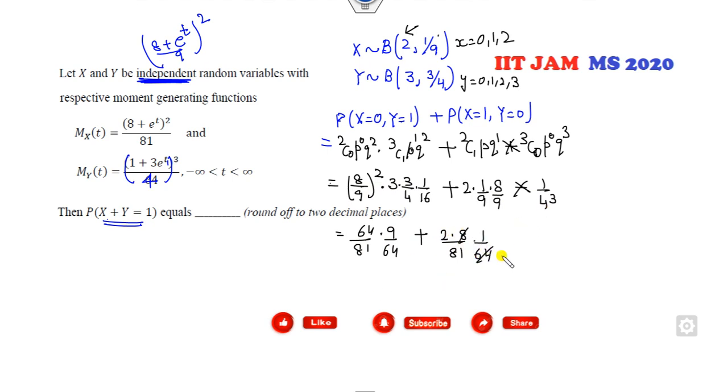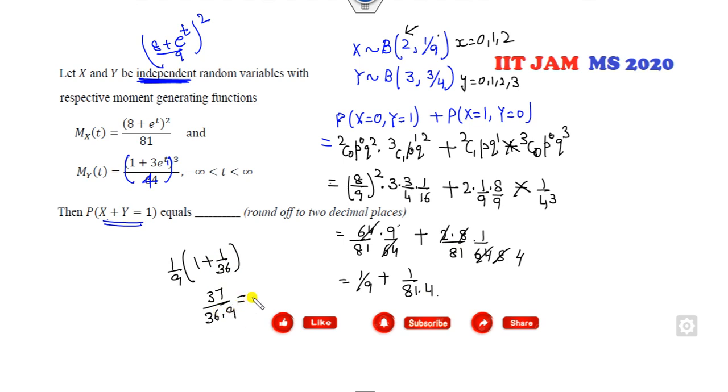So it will be 8, it will be 4, 64 cancel, it's 1 over 9 plus 1 over 81 into 4. Fine, is it fine? So I can take 1 over 9 common, so 1 over 36. So 37 over 36 into 9.